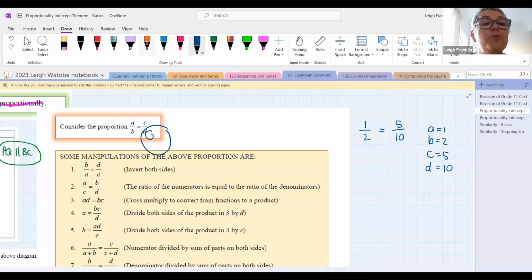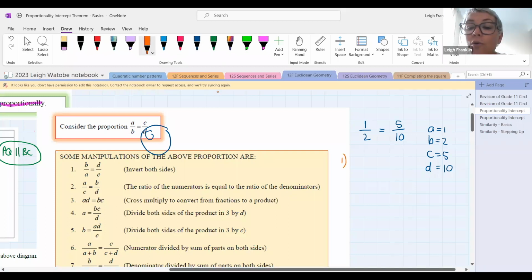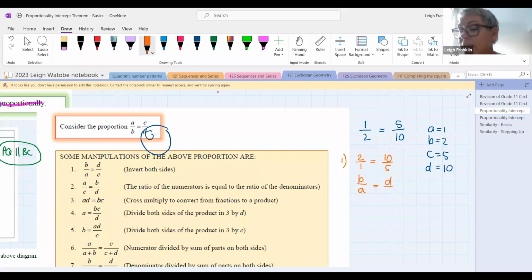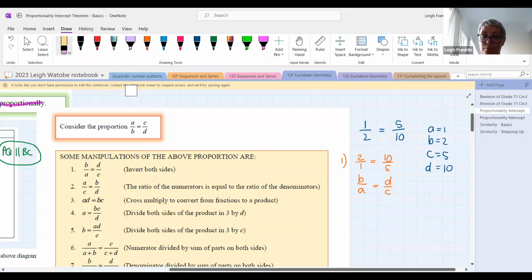So if I invert both sides, what I'm doing is I'm switching the numerator and the denominator around. So in other words, I'm saying that 2/1 is the same as 10/5. That's why you're allowed to write B over A is the same as D over C. So if you switch both of them around, then that's perfectly acceptable because it's still true.